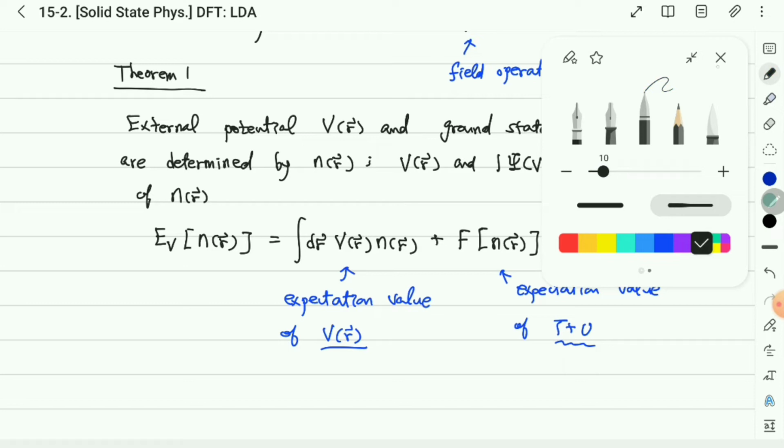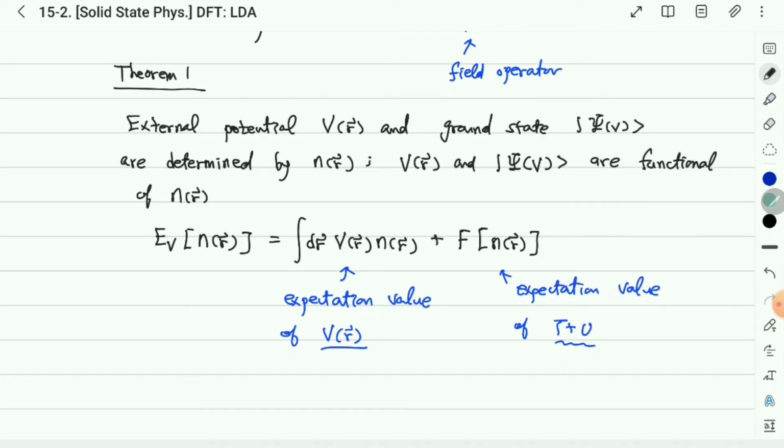Anyway, this gives rise to the energy eigenstate.